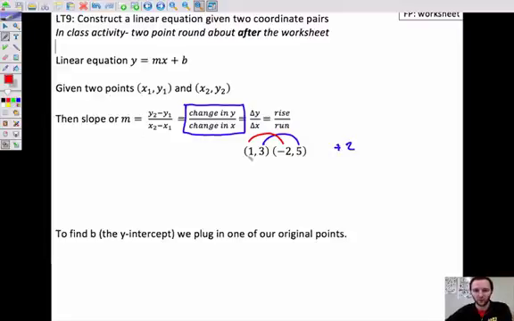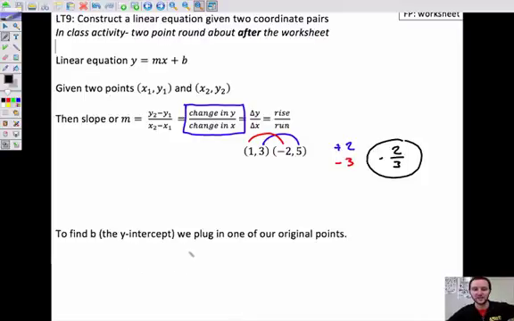And from 1 to -2, we can see that the change in x is -3 or down 3, which means that the slope between these 2 points is 2 over 3, and toss a negative on the front. Okay, so the slope is -2/3.